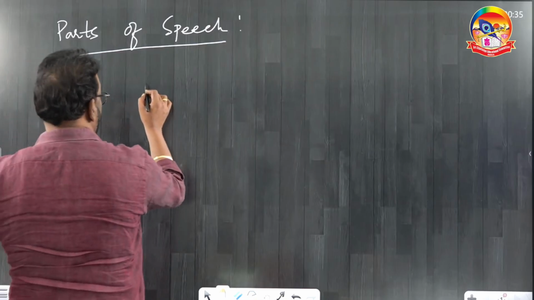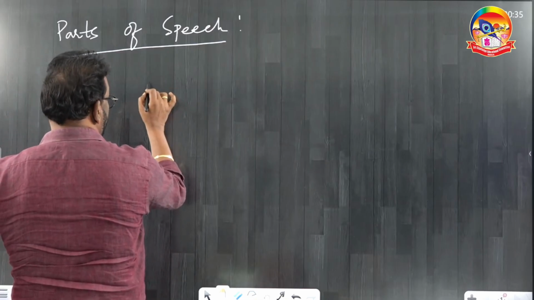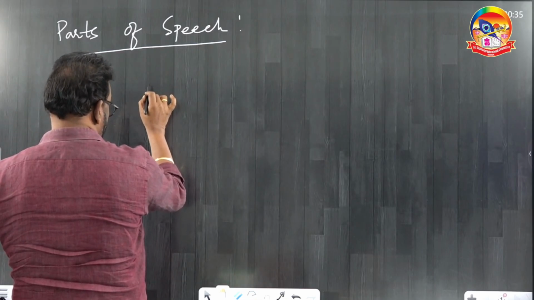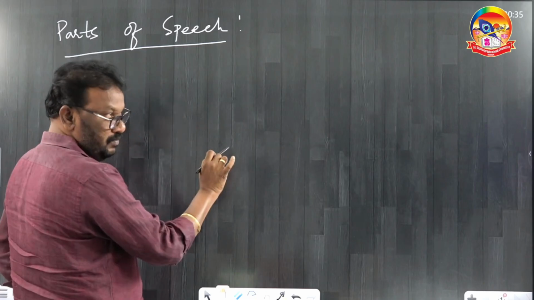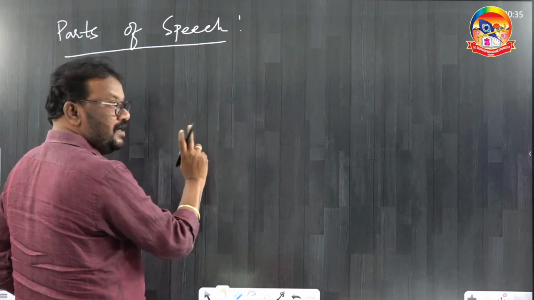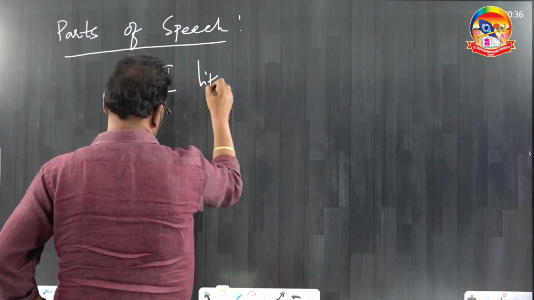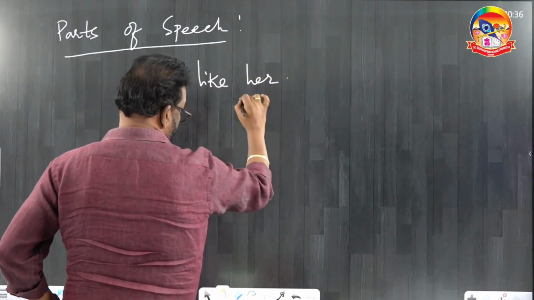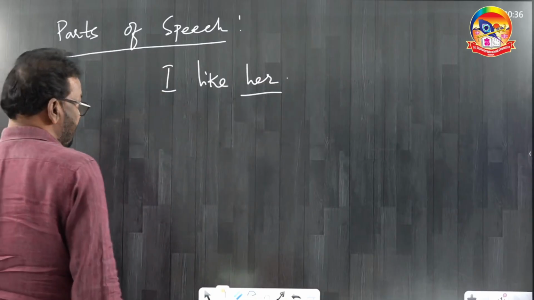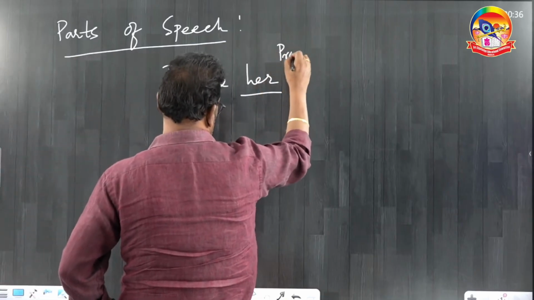For example, some of you get confused while identifying adjective, and you get confused between adjective and pronoun. For example, I like her is given. In I like her, her is a pronoun, undoubtedly.